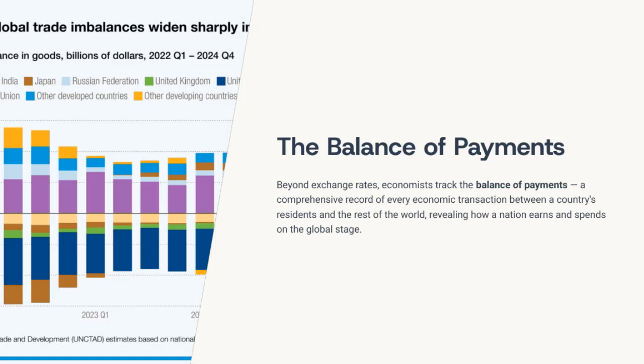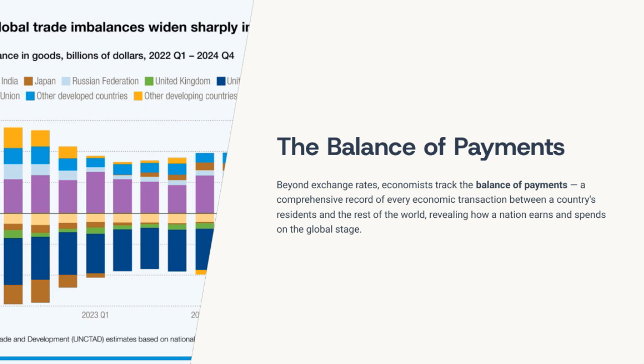Now, beyond just looking at exchange rates, economists also keep track of something called the balance of payments. This is essentially a comprehensive record of every single economic transaction that happens between a country's residents and the rest of the world. It includes things like exports, imports, investments, and financial transfers.